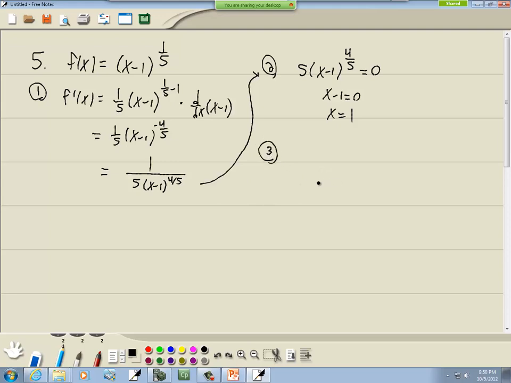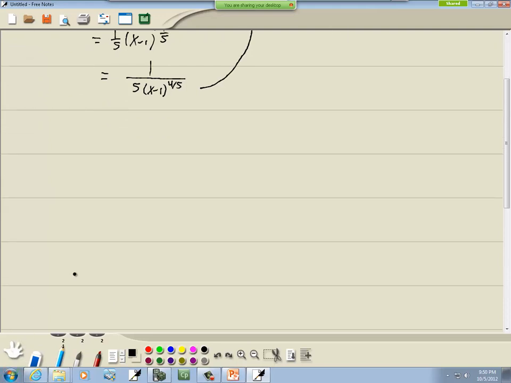And we want to build our intervals, and maybe I don't get enough room there. Let me try it again down below. So x equals 1 is our critical value. This is our infinity. This is our negative infinity.